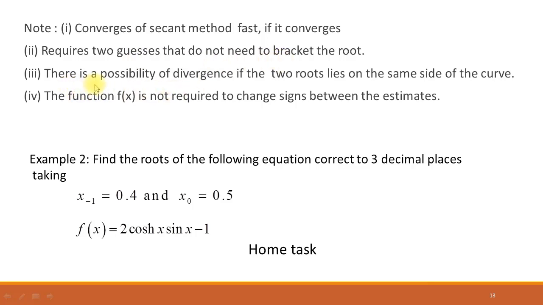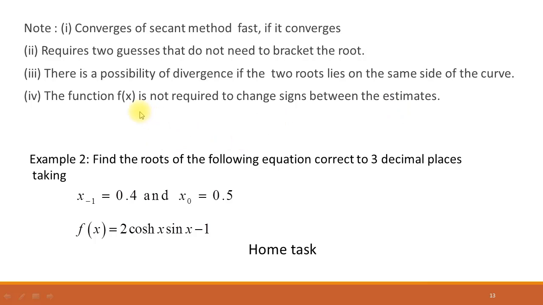There is a possibility of divergence if the two guesses lie on the same side of the curve. Also note that in the secant method the given function is not required to change sign between the estimates.